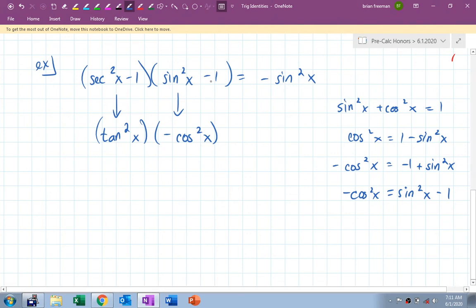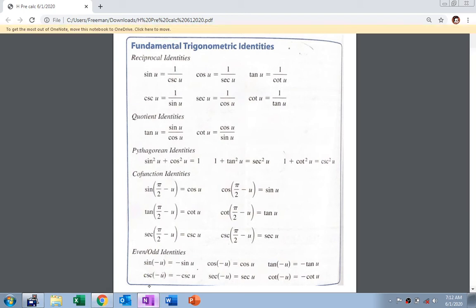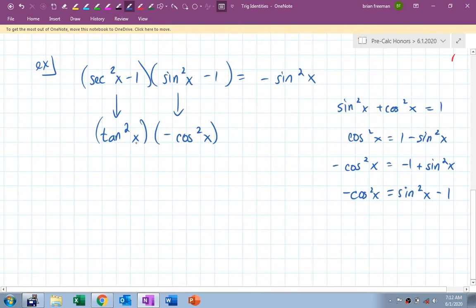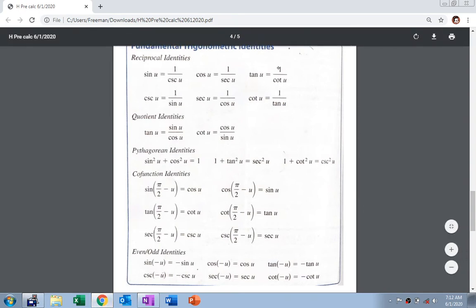Okay, we've got to just see what else we have to use. Pythagorean identities I would stay away from now because we've kind of used them, and if we reuse them again, we're just going to work backwards on our problem. And I need to somehow turn a tangent and a cosine into strictly sine. So if I use tangent here, that's not going to do anything for me.